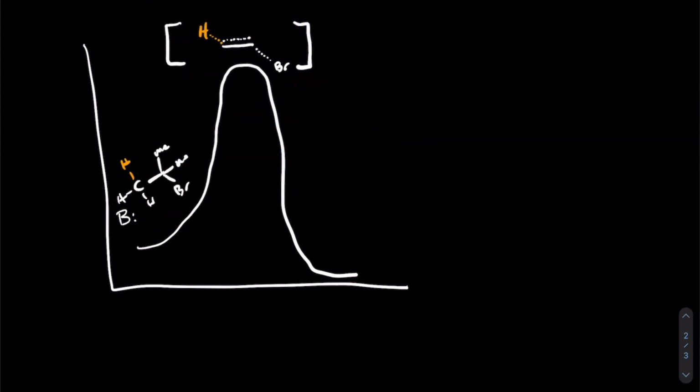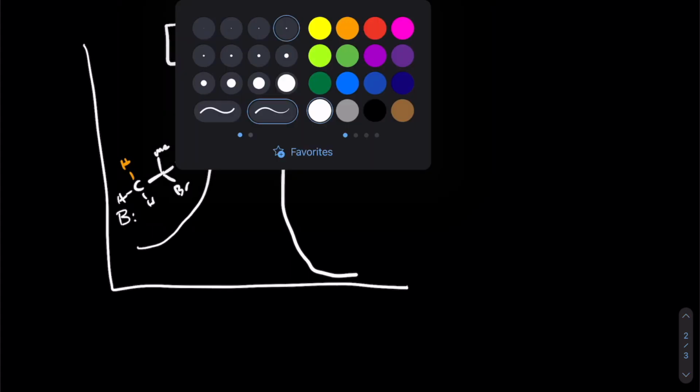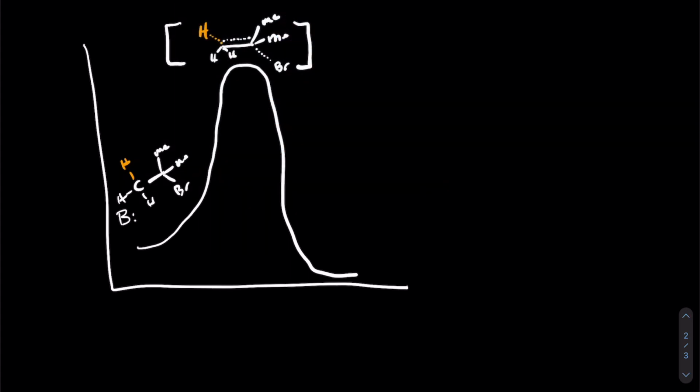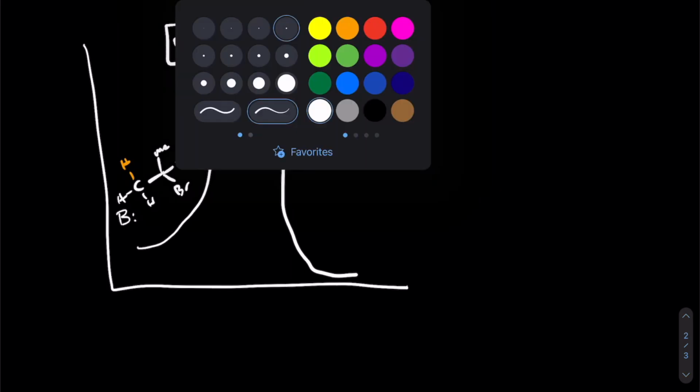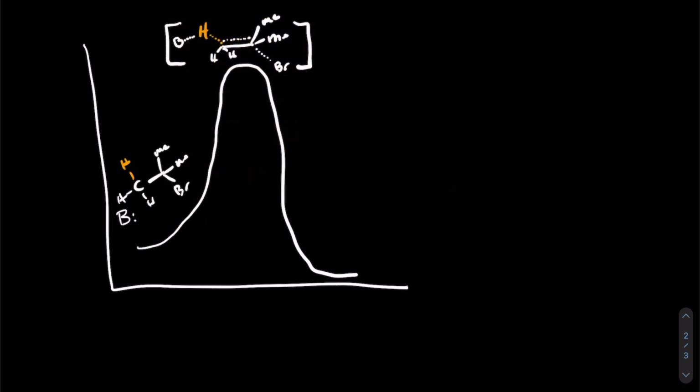And then there are these two other hydrogens over here that are just participating, and then there are these two methyl groups over here. And so that's the transition state of an E2 elimination. You've got the base starting to pull off that hydrogen, that proton there, and that is going to result in the collapse of the electrons that hold the hydrogen to the carbon.